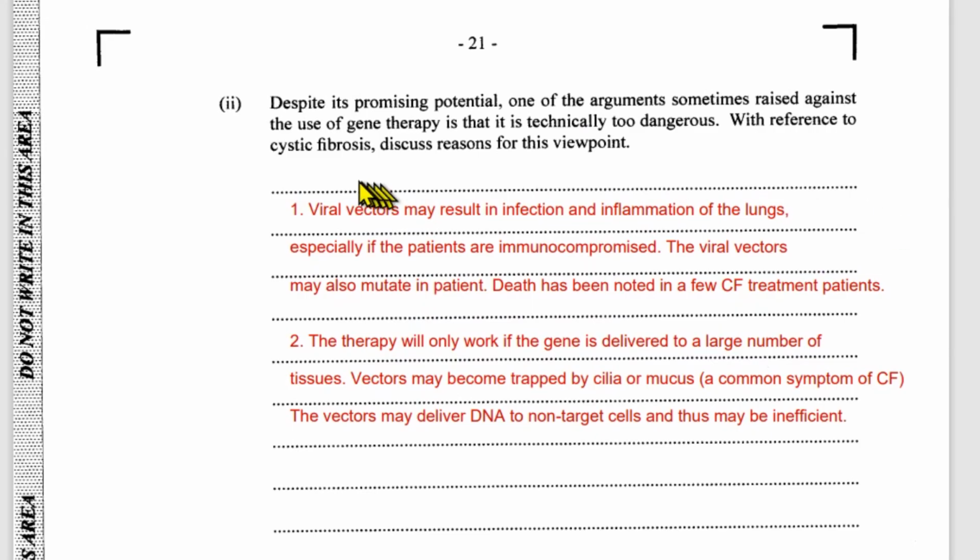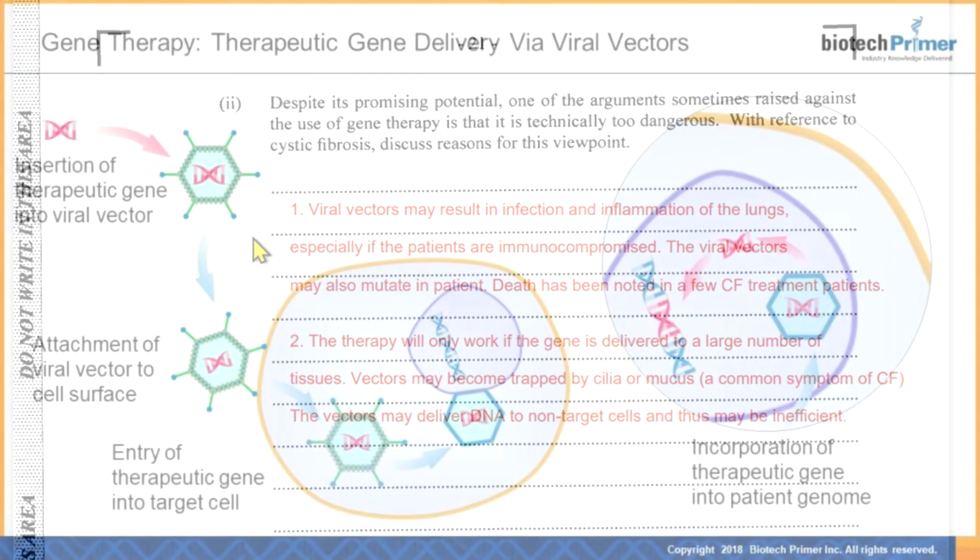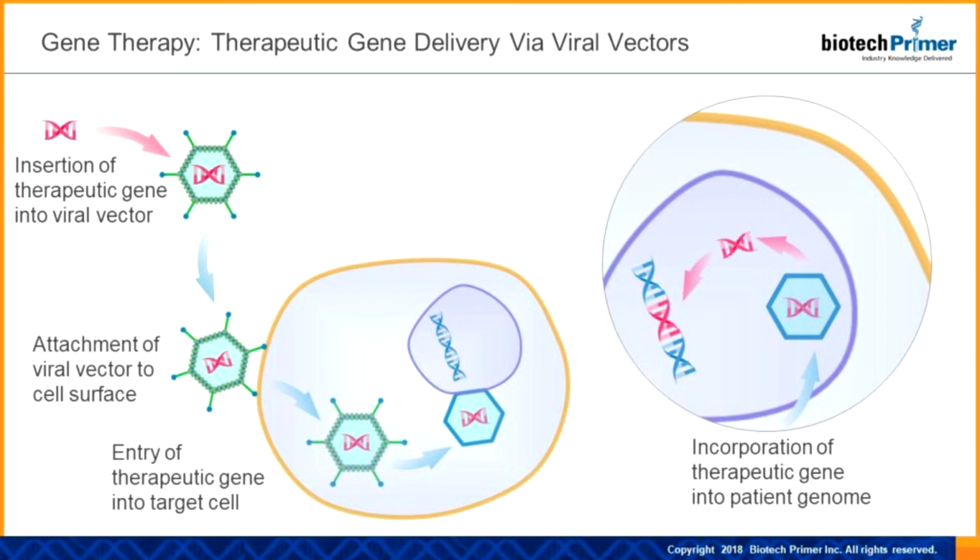So the first one: 1. Viral vectors may result in infection and inflammation of the lungs, especially if the patients are immunocompromised. Now typically with cystic fibrosis, you would use a virus to transfer the DNA into a human. Why a virus? Because a virus can penetrate the cell membrane very easily.